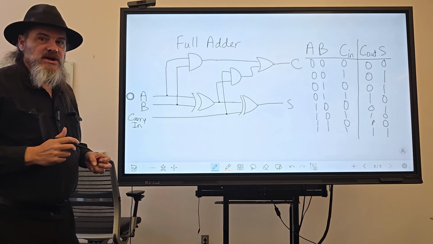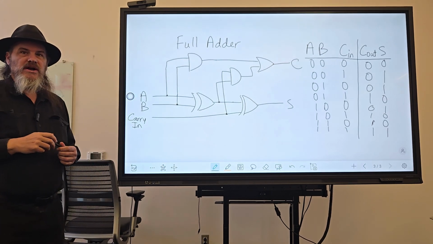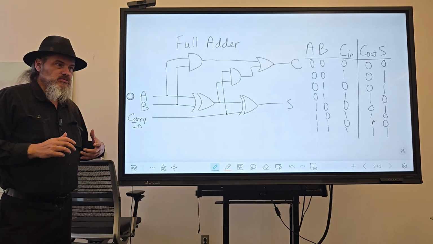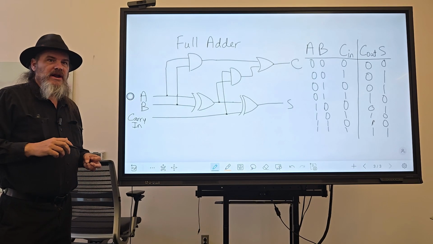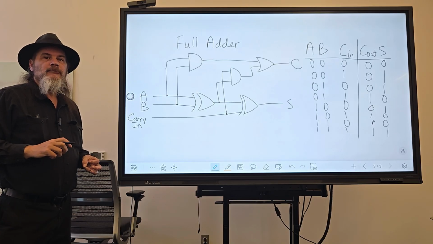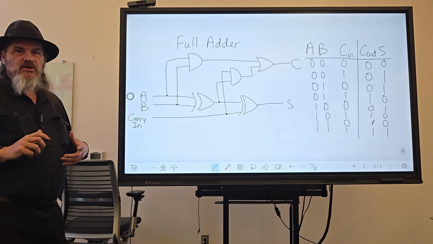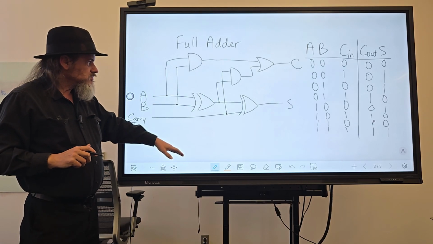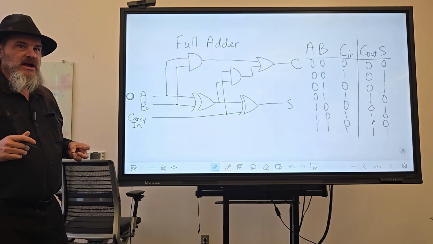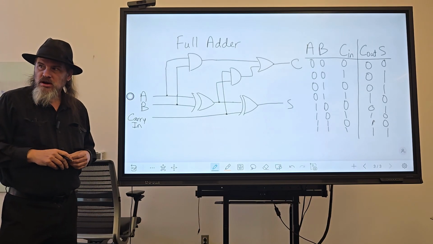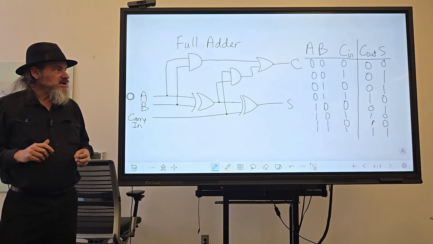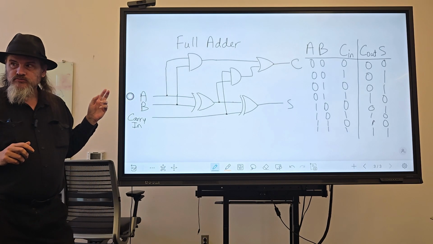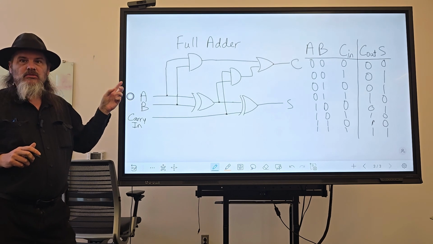For a multiple bit adder, adding two 2-bit numbers or 3-bit or 4-bit, whatever numbers, you would string these together to create a ripple adder, where the result ripples from one end to the other, from the least significant bit to the most significant bit.